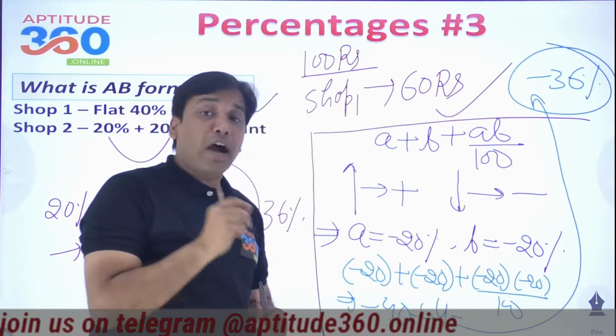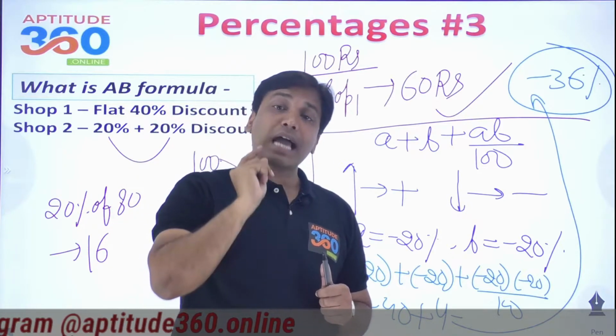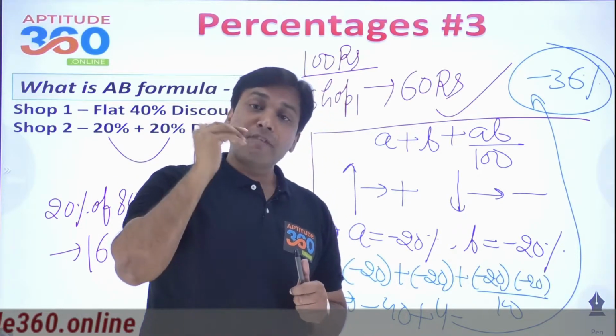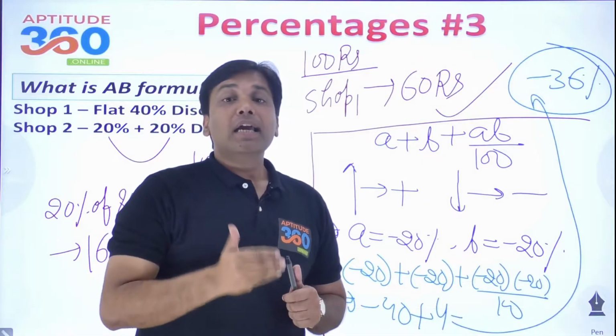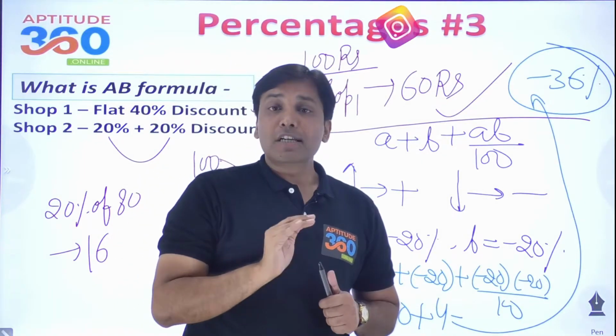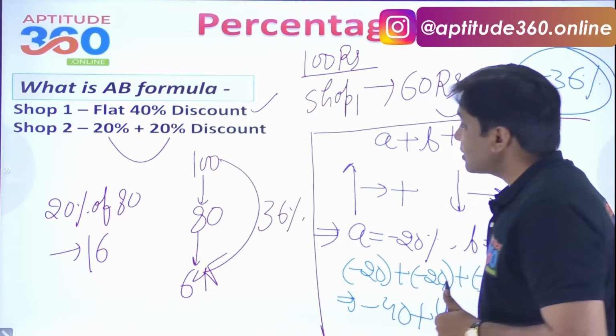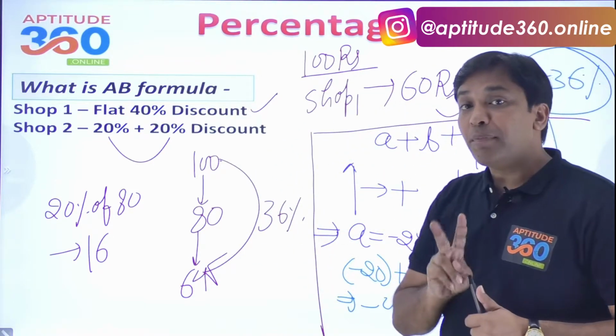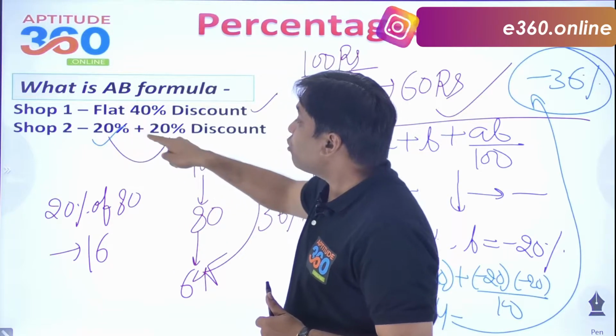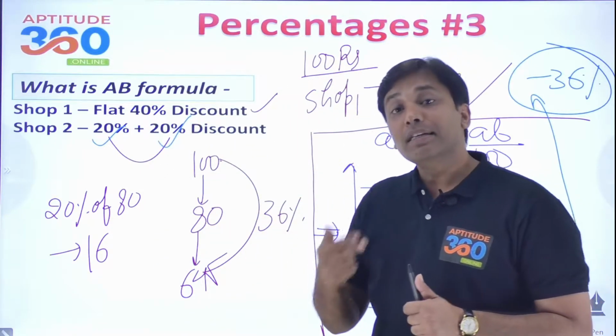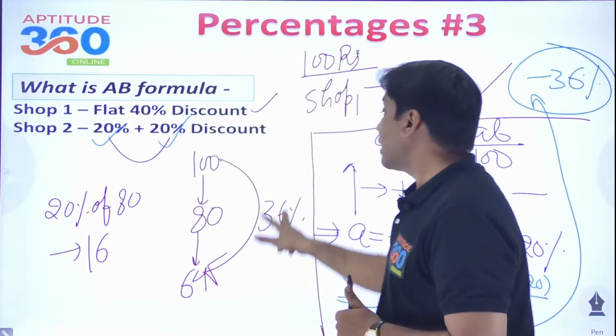The meaning of having minus 36% as your answer is the value is decreasing by 36% बस, और कुछ भी नहीं करना है आपको. So what did I tell you is how to apply AB formula when you have got two percentile changes. They are successive in nature, right?